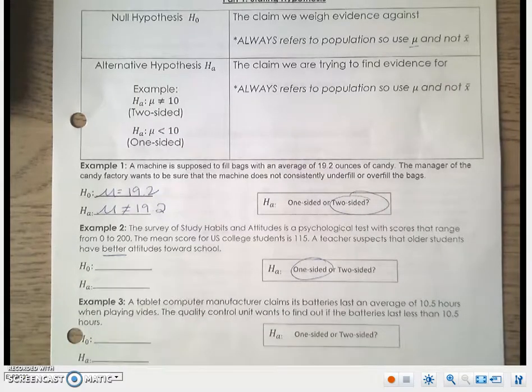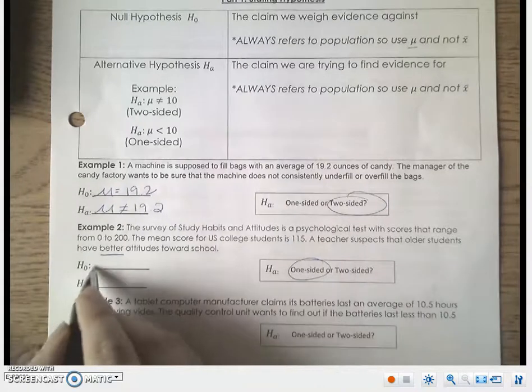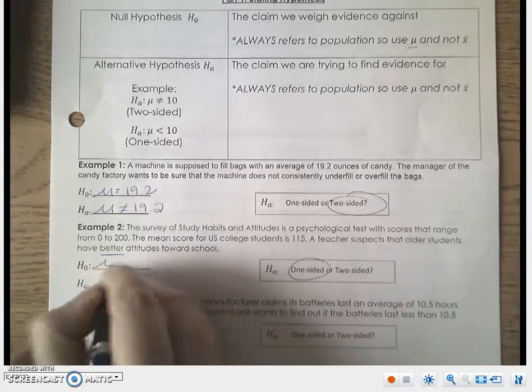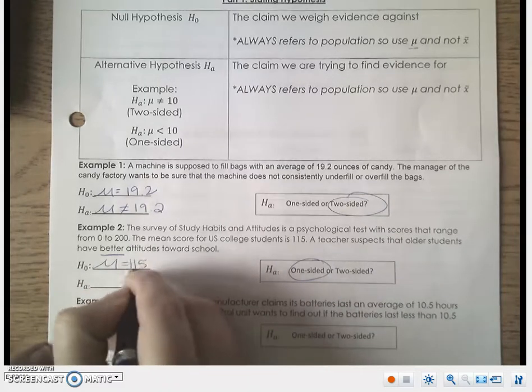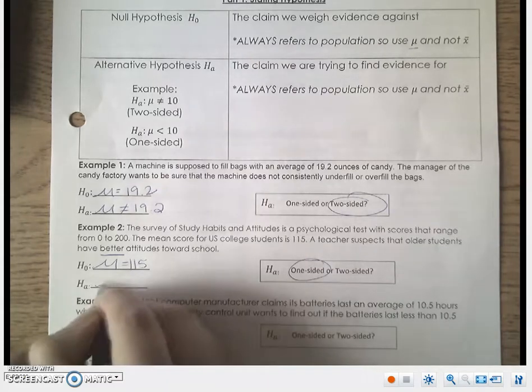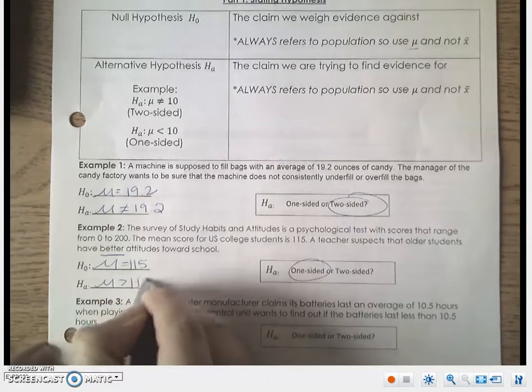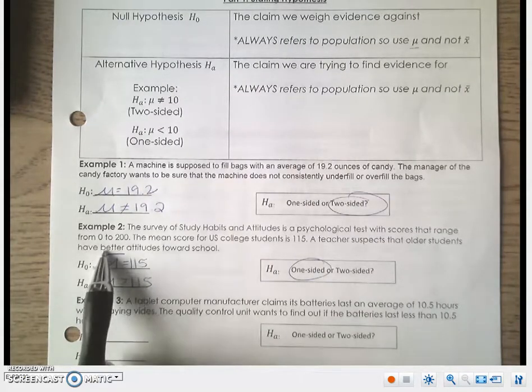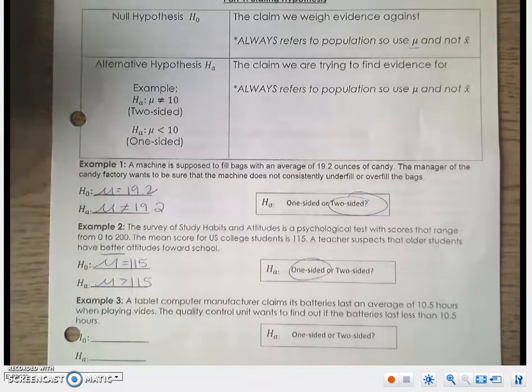It's only looking at better attitudes. So the null hypothesis is that the mean score is 115, so mu equals 115, and the alternative hypothesis is that mu is greater than 115. The teacher is claiming that it would be better, or higher, than 115.